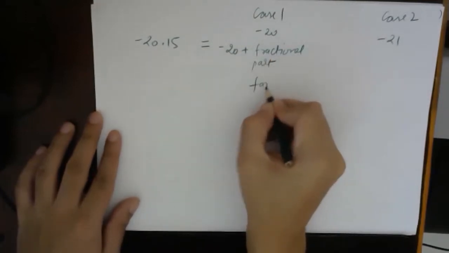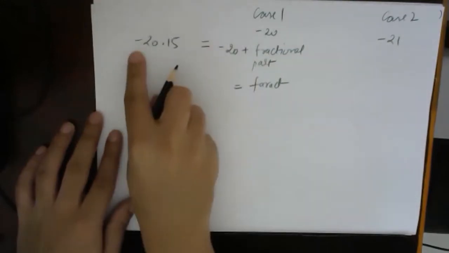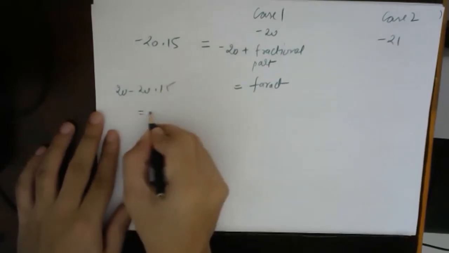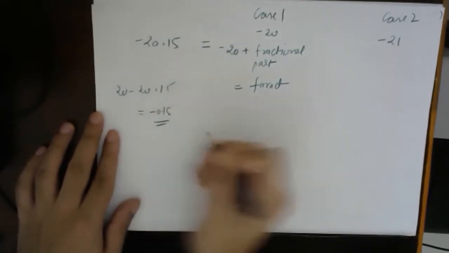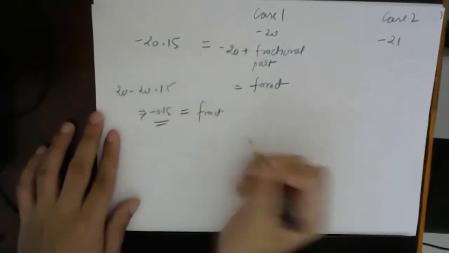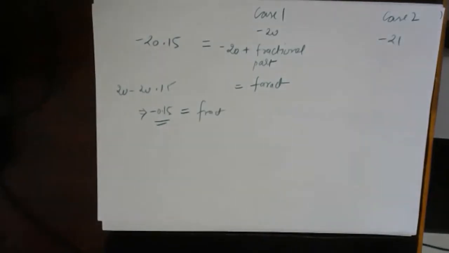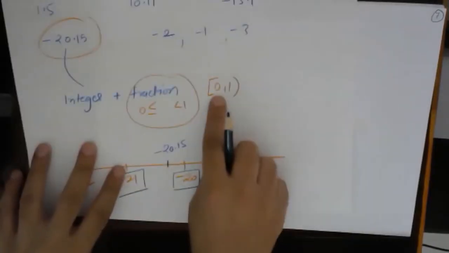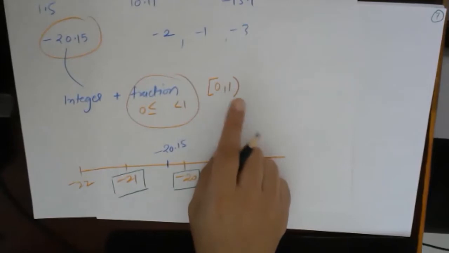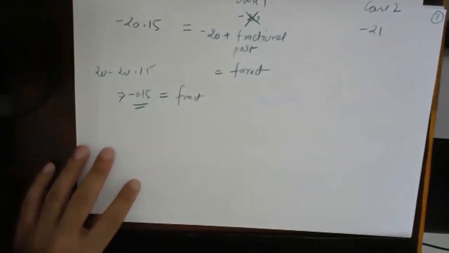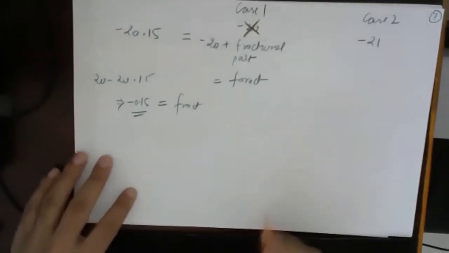The fractional part becomes minus 20.15 plus 20, which is minus 0.15. Now, is this number minus 0.15 in the range 0 to 1? No. So this case is not correct. That means minus 20 is not that integer.